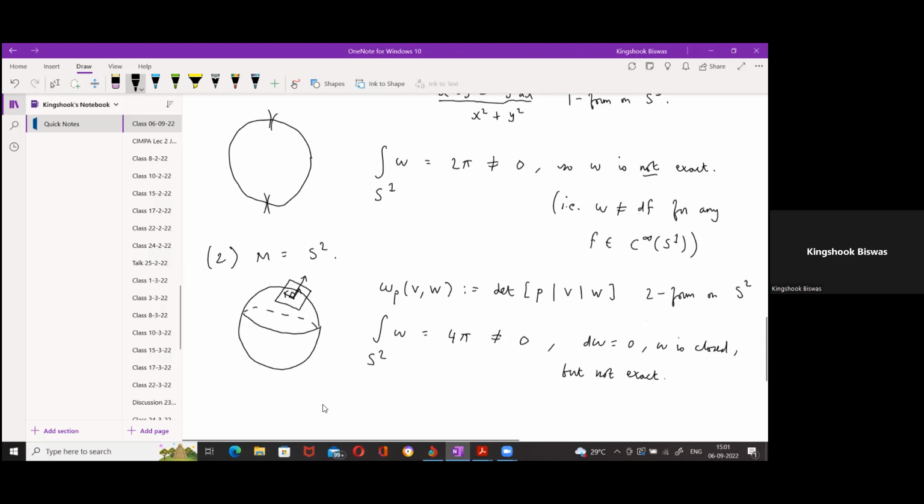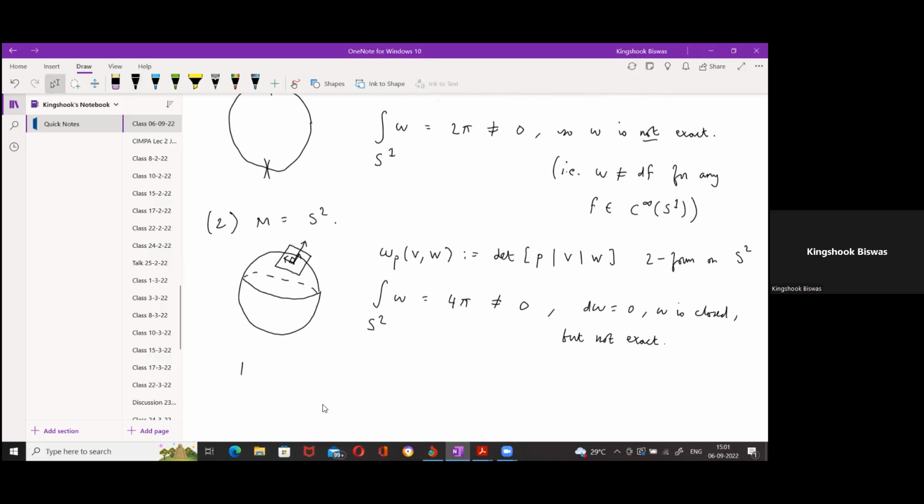And so, the de Rham cohomology H^k de Rham of a manifold M is defined to be the closed k forms modulo the exact k forms.